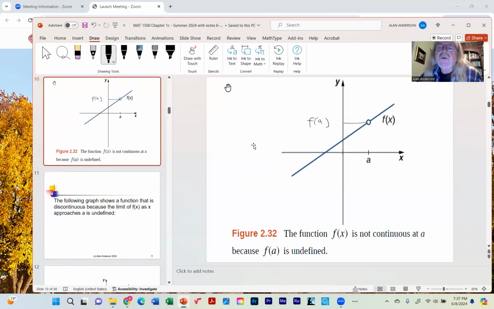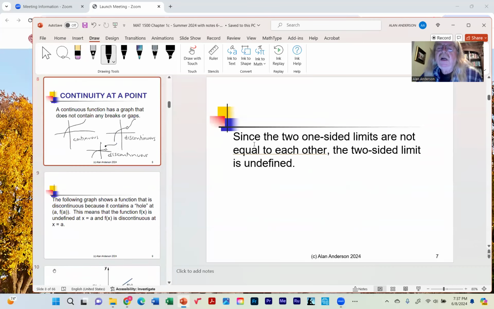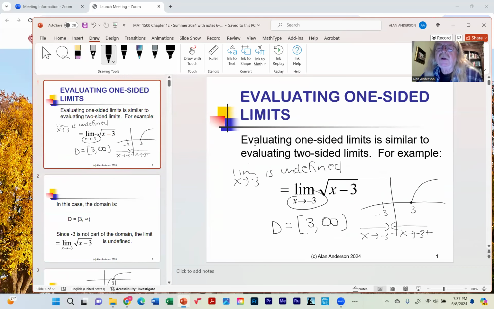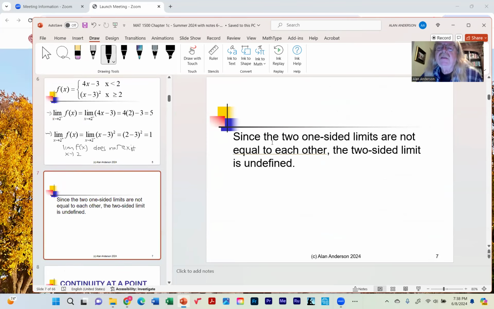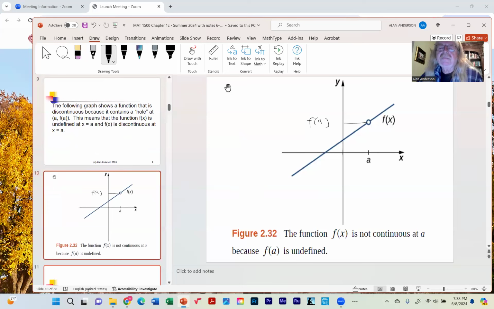And of course, you remember, we did run into a couple of these. We had one, for example, where, I guess it was this different section. It was something like this. Actually, this was x minus 1.